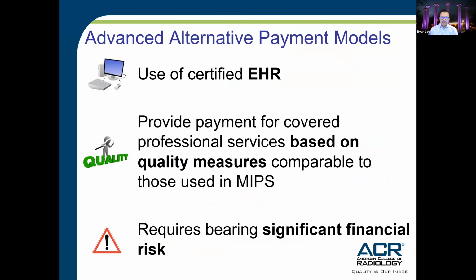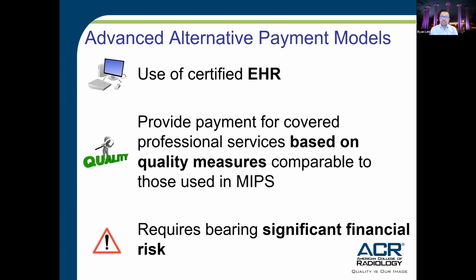So let's talk about an advanced alternative payment model. Most people in the Medicare Shared Savings Program, at least they start off, are in a situation where it's one-sided risk. In other words, you get to partake if you do well, but you don't have to worry about the downside risk. But ultimately, what CMS wants everybody to do is to take two-sided risk. In other words, if you do well, you get the benefits. But if you spend too much money, well, you're going to have to pay up and owe them money.